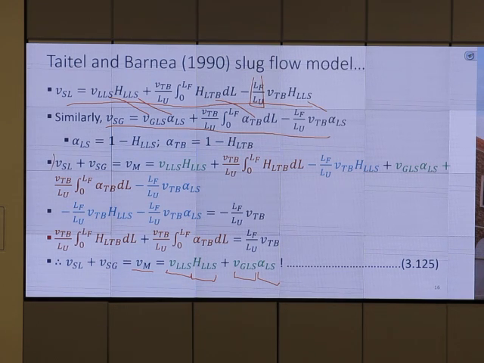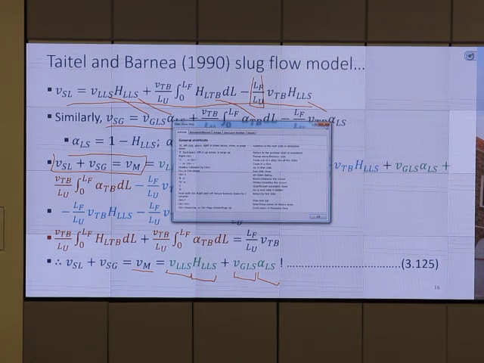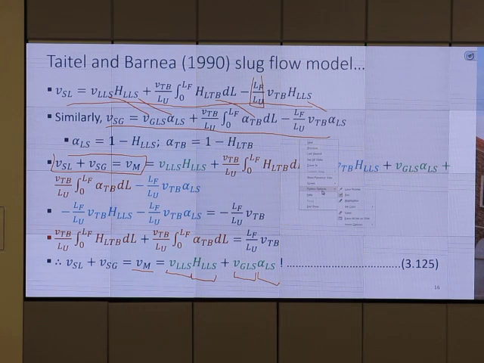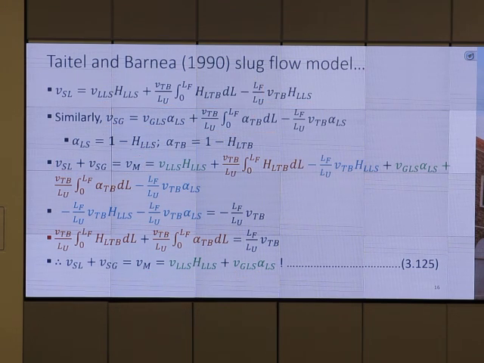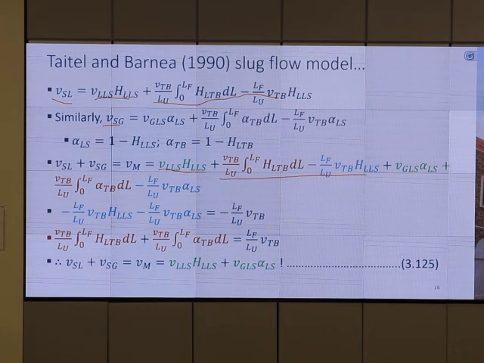And we know that VSL plus VSG equal to Vm. And so we add VSL and VSG together. See this VSL, this VSG. So we add two equations together, just that. So this term becomes this part, right? This term becomes this part. Good, right? That's the first equation.